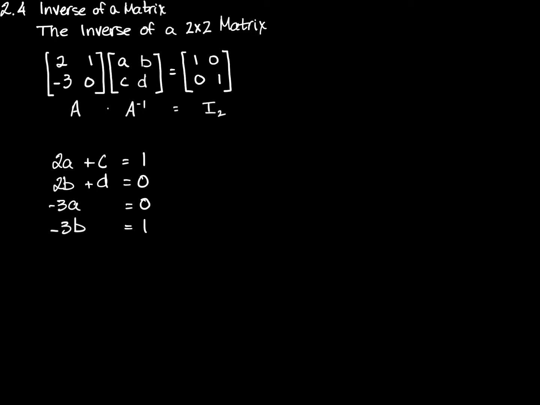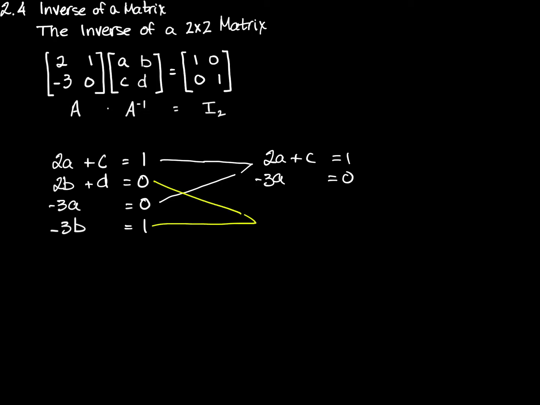And from this, I can take the two equations that have A and C in them and create a system of equations. 2A plus C equals 1, and negative 3A equals 0. And I'll use a different color. The two equations that contain B's and D's, and that will give me, let's see, 2B plus D equals 0, and negative 3B equals 1.